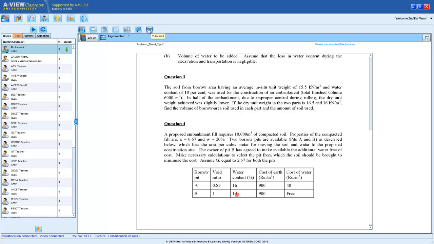The void ratio and water content for B are given. The cost to transport and bring the soil to you is given. The contractor B is very generous, he is giving us free water. We need to see which contractor is more economical. The final volume, final void ratio and water content are given.